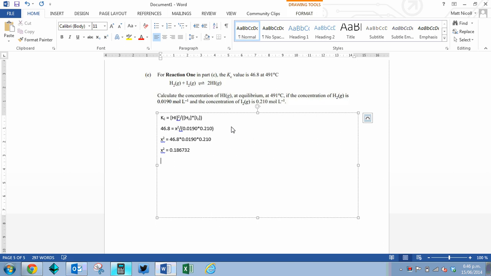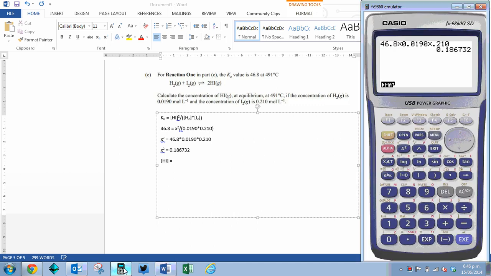So therefore, the concentration of HI is going to be the square root of that, which is 0.432 moles per litre. Now, I'm not going to worry about these other numbers.